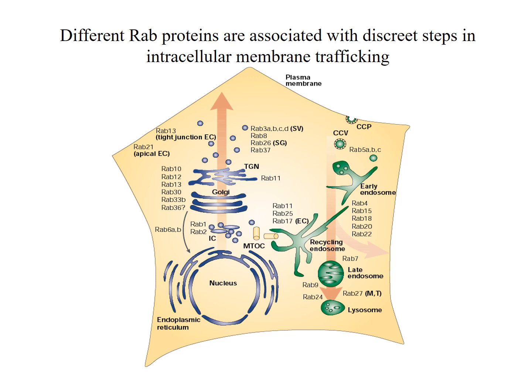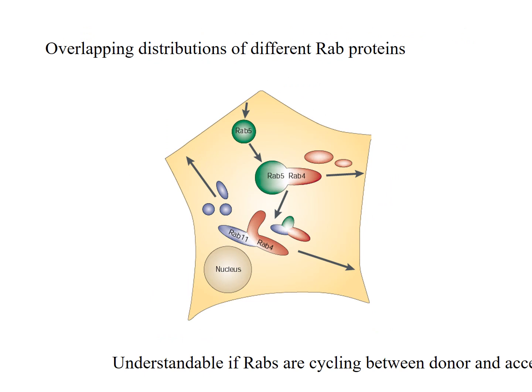So not only are the snares involved in causing the right fusions, but RABs need to be in the right location. So RABs can be cytosolic or membrane associated. They jump on and off the membranes. Some RABs can be with other RABs.